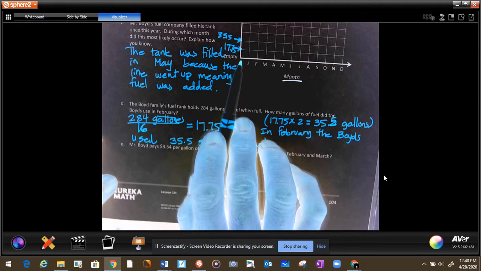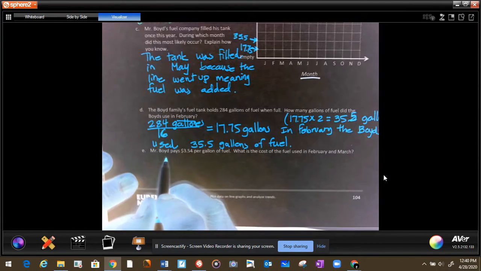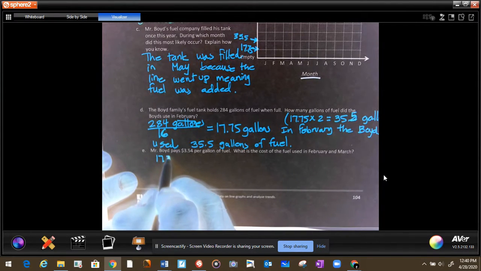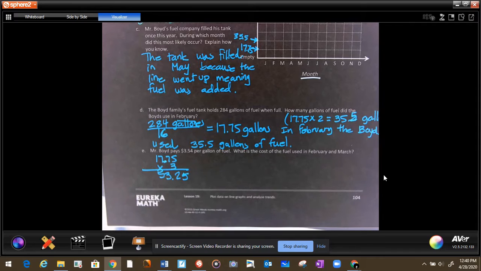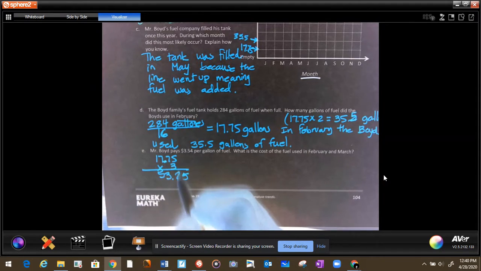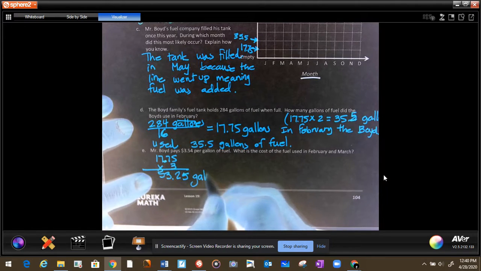Remember, one of these units is 17.75. So 17.75 times 3 units, and the total is 53.25 gallons that they used during the month.